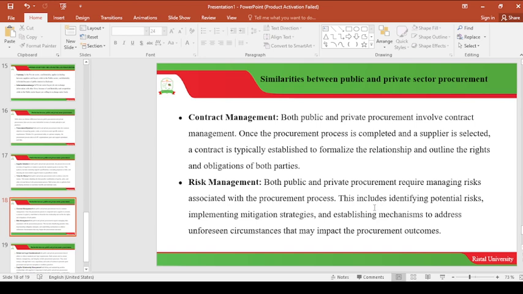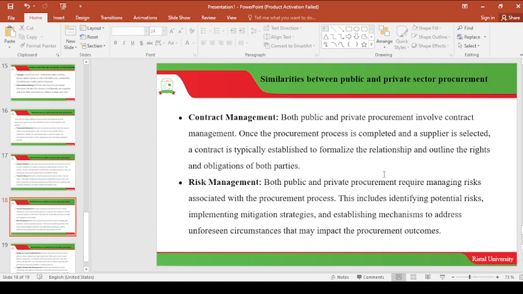So in both the public and the private procurement, there should be a risk management strategy. This helps to identify the potential risks associated with the procurement process, to avoid loss and issues like corruption and loss of funds.